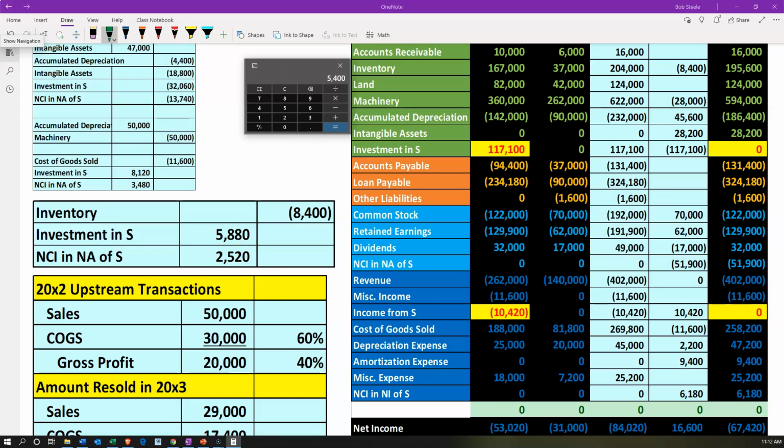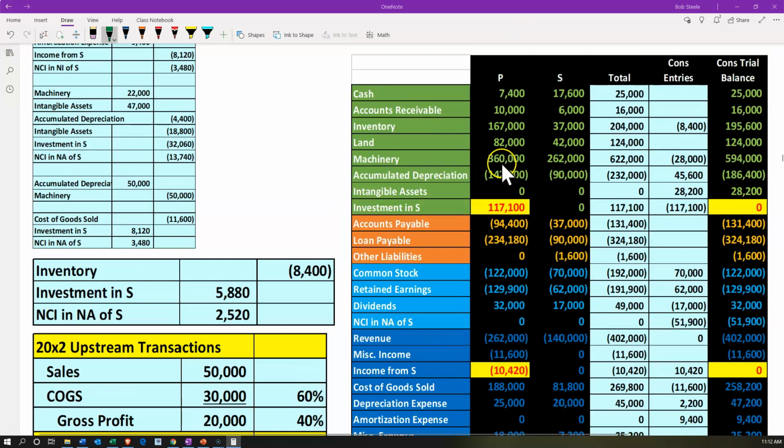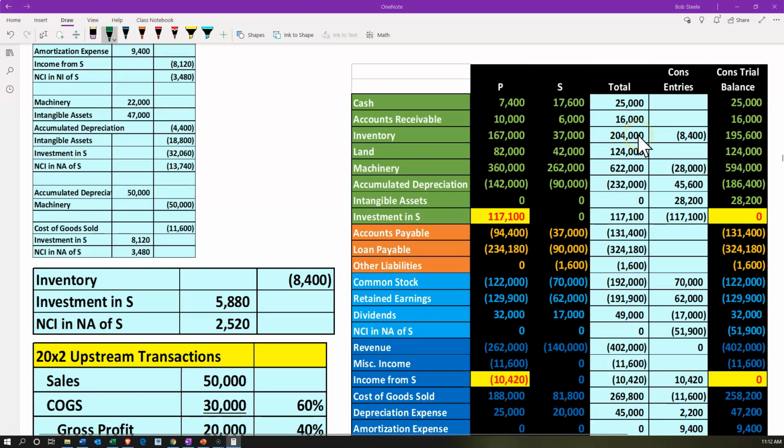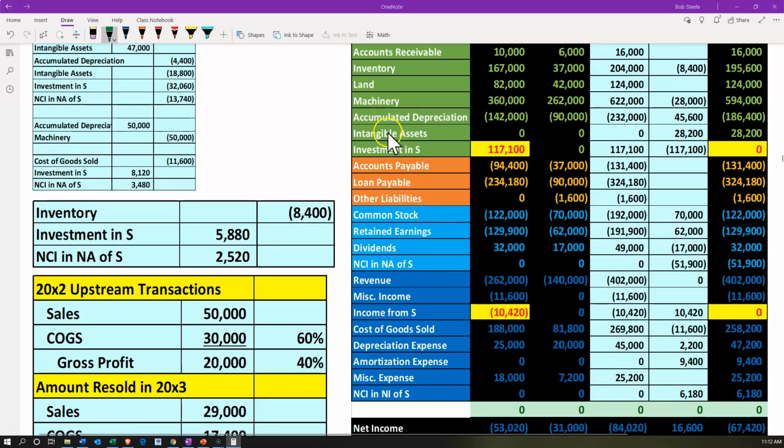Let's do that one more time. Starting to get a little tired here. 8,400 times 0.7, there's that, and then of course 8,400 times 0.3. Okay, so there's our breakout. That would be affecting the inventory up top, and then the investment account here, and then the non-controlling interest account.